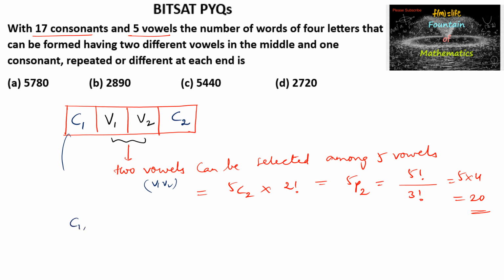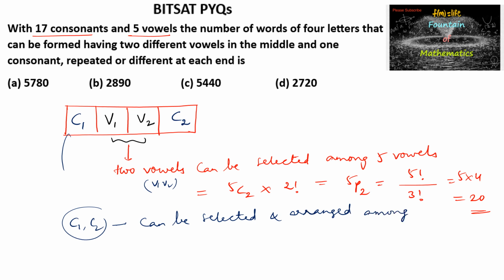and here consonants C1 and C2 can be selected and arranged among 17 consonants, so we take 17 because repetition is allowed.